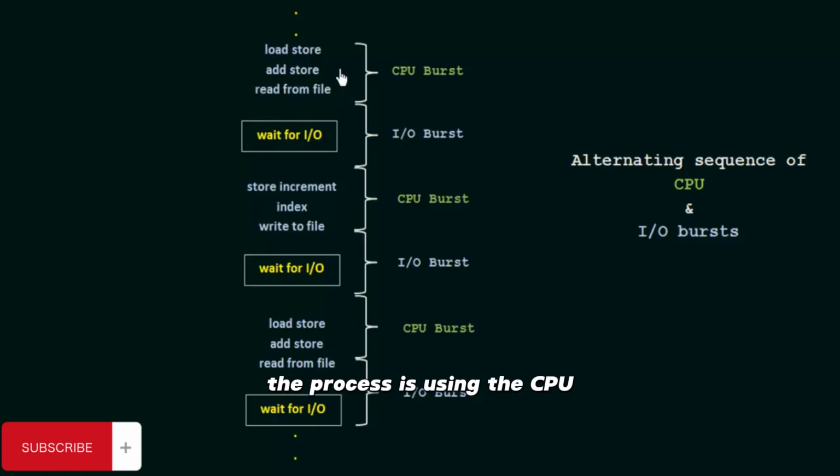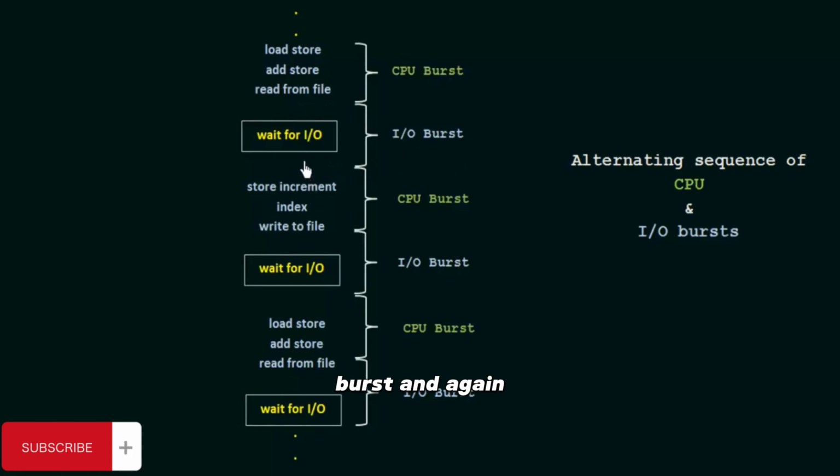At this time, the process is using the CPU, and that time is known as CPU burst. And after this operation is complete, the process is waiting for some input-output operation to be performed. So here it is waiting for input-output. And at that time, when it is waiting for input-output, it is not using the CPU, and at that time, we call it I/O burst or input-output burst.